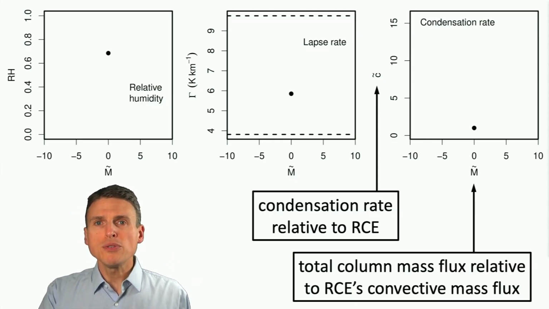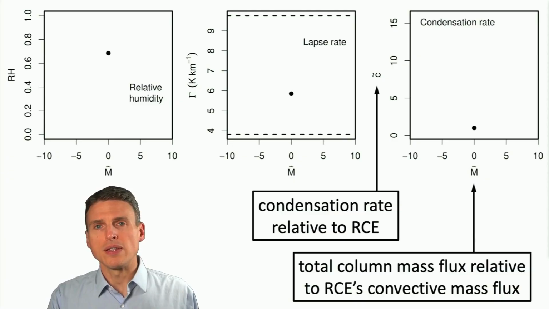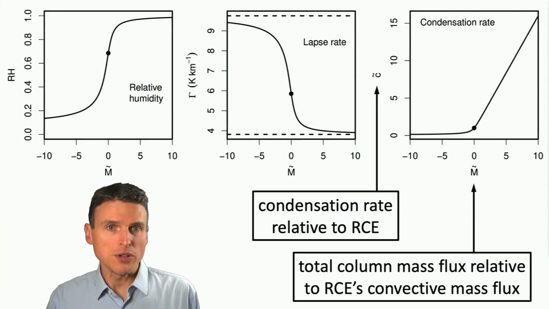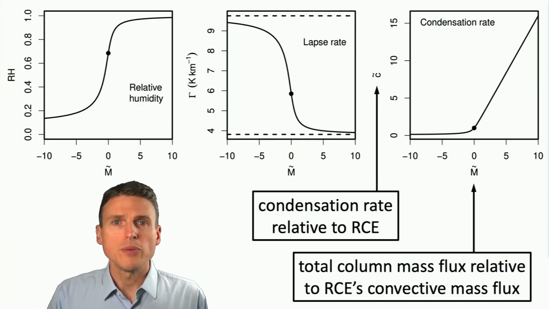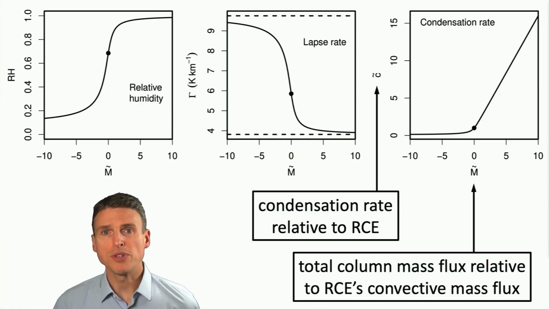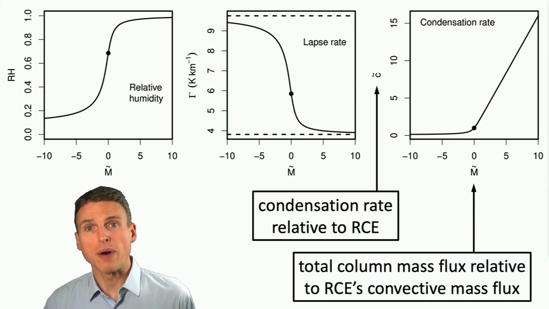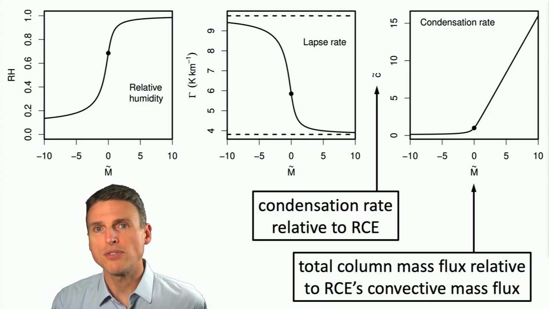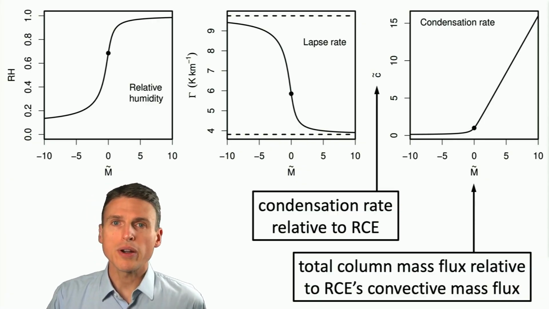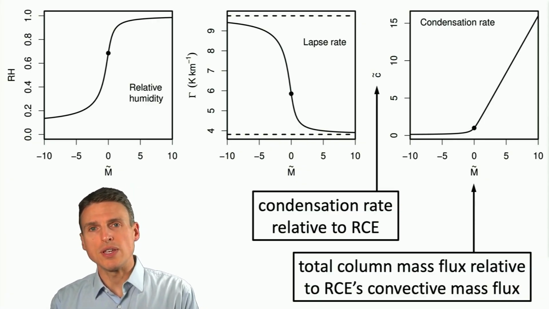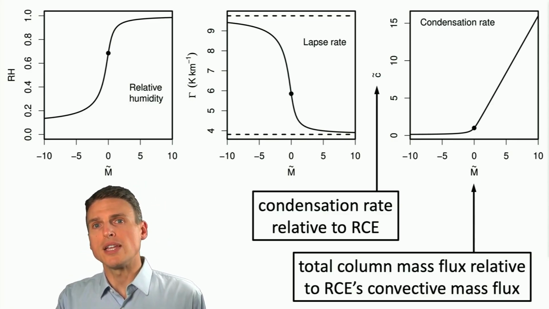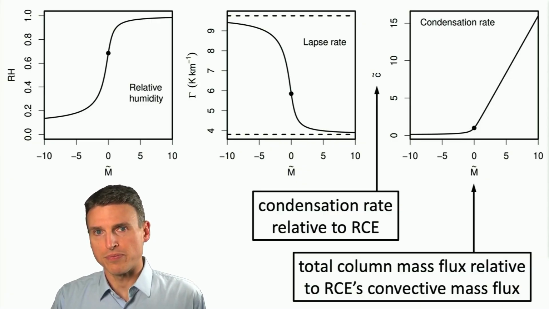But by loosening the requirement that the net ascent be 0, we can actually map out these values for any value of m. We see, for example, that as the column's net ascent goes positive, then we get an increase in the condensation rate. Or as we increase the net ascent in the column, the lapse rate goes down towards the moist adiabatic lapse rate.